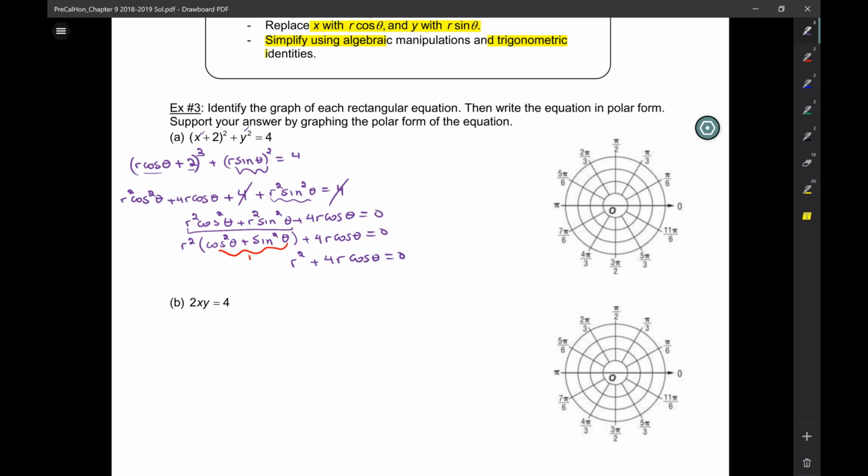Now the thing is, you can't have r squared and r. In the end, you have to solve all this for r, so you have to simplify. Divide by r. Now I have r plus 4 cosine theta is equal to 0.